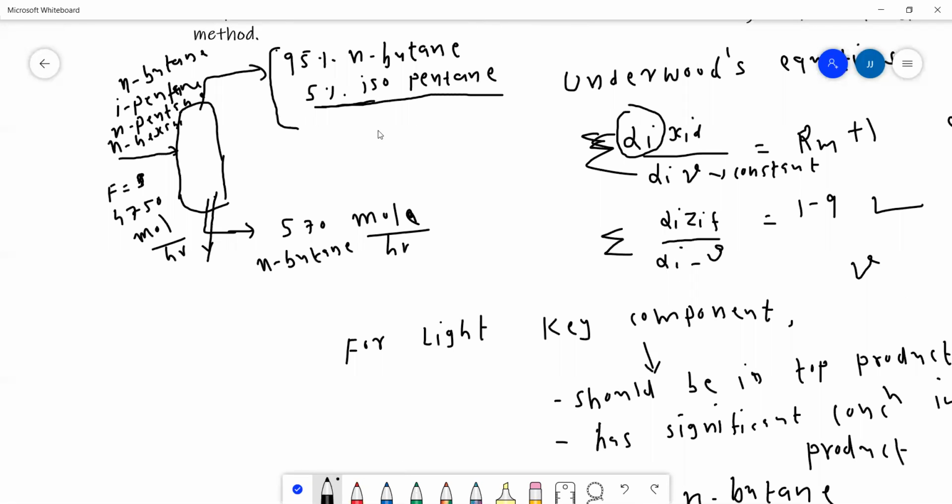Let's say this is the distillate, D, mole per hour. And W is the residue mole per hour. W is the total flow rate of the bottom product, the residue, but it should contain 570 mole per hour of butane.